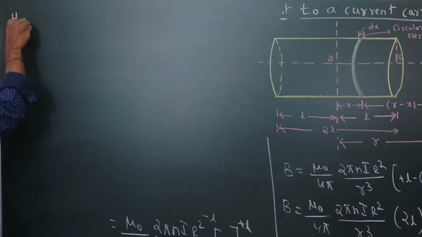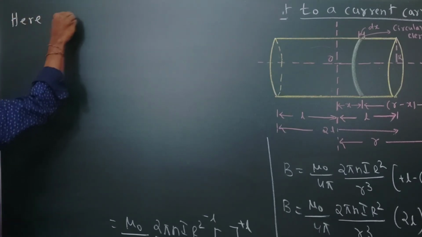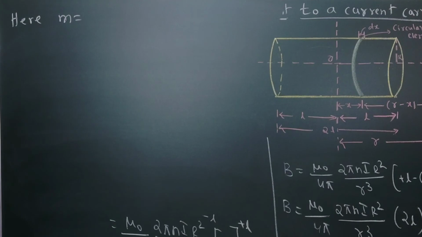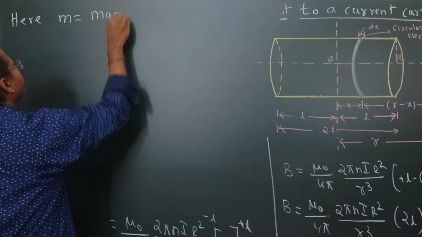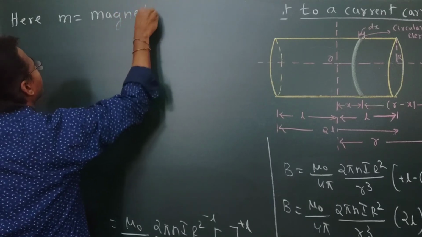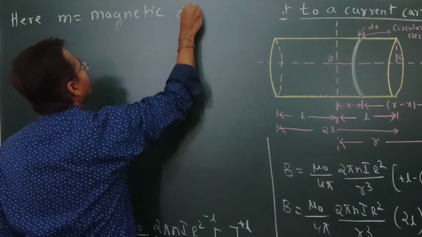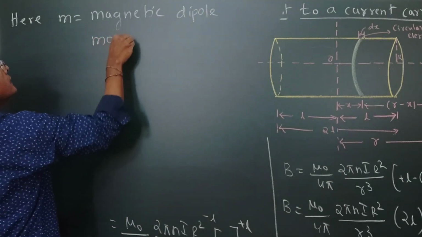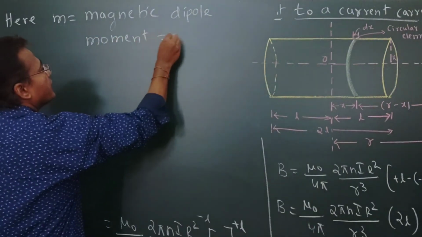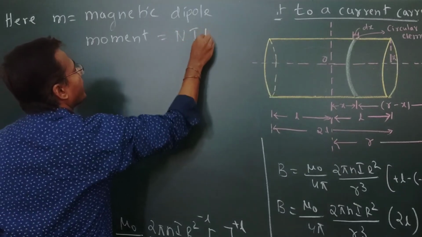Here small m is the magnetic dipole moment, n I a.